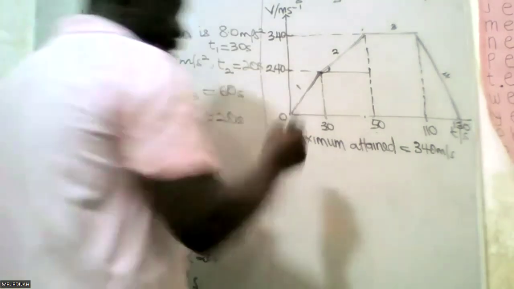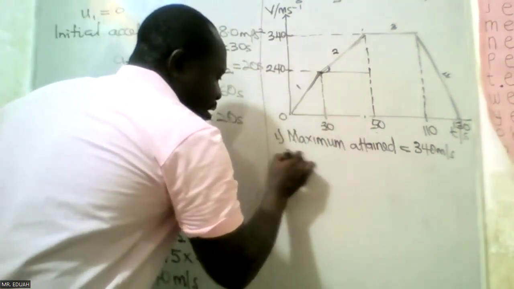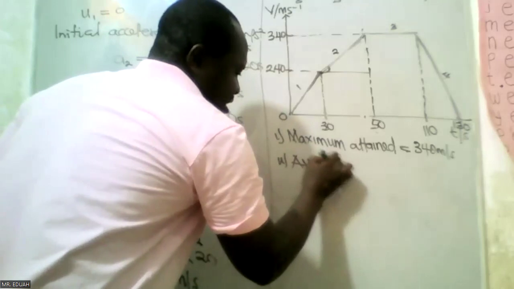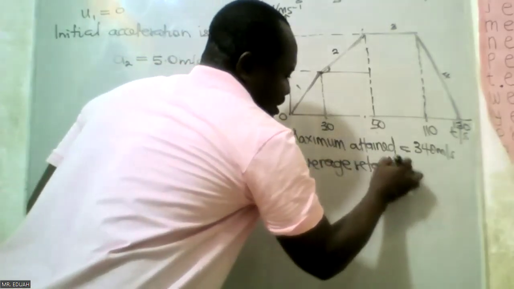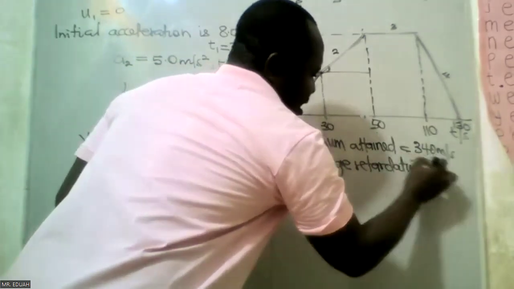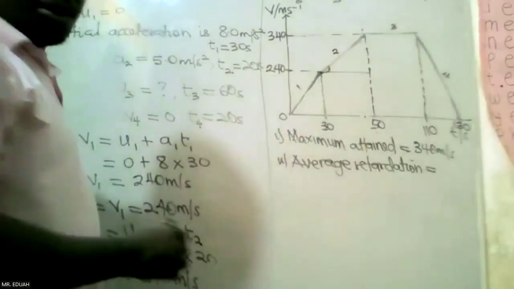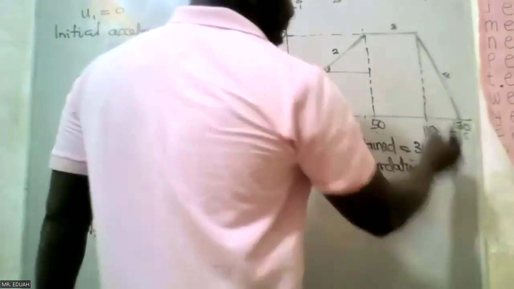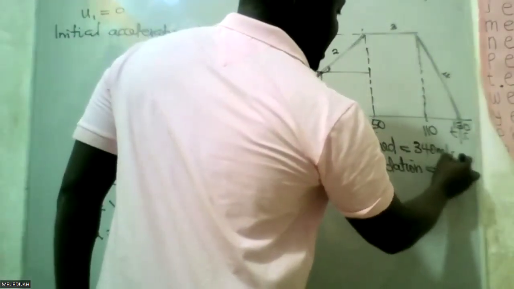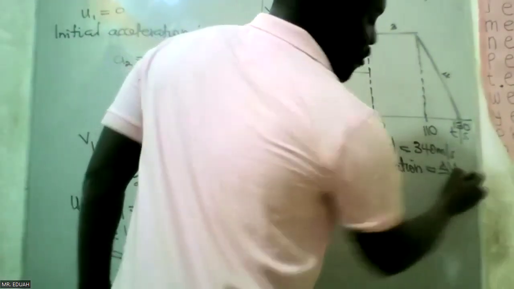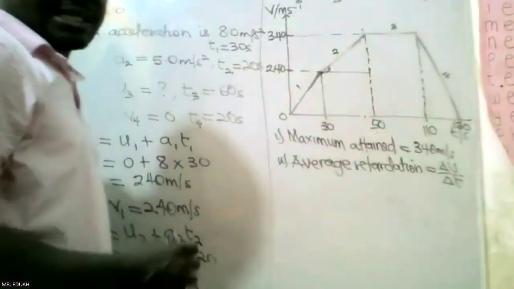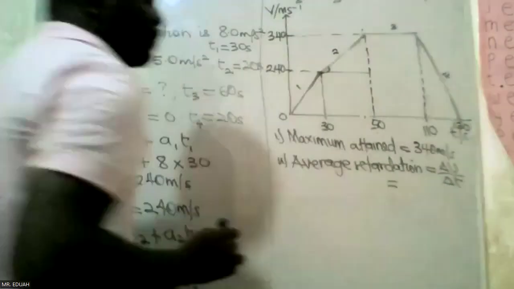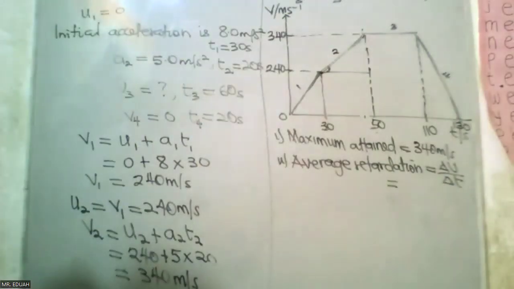So the average retardation or deceleration is equal to the slope, which is the change in the vertical over the change in the horizontal, which is time. Now, what is the change in the vertical?